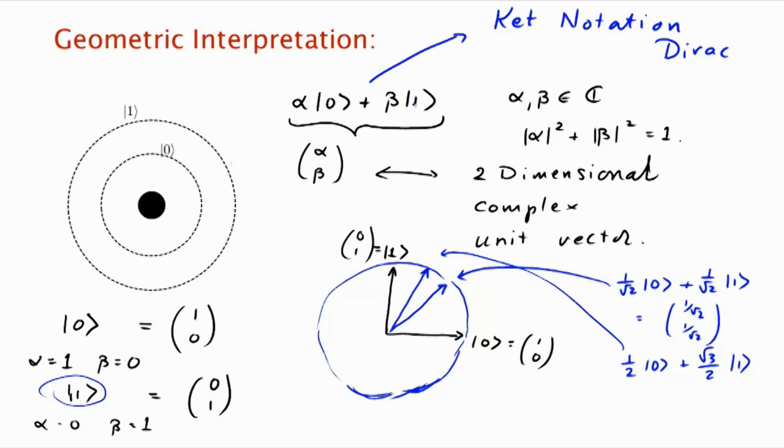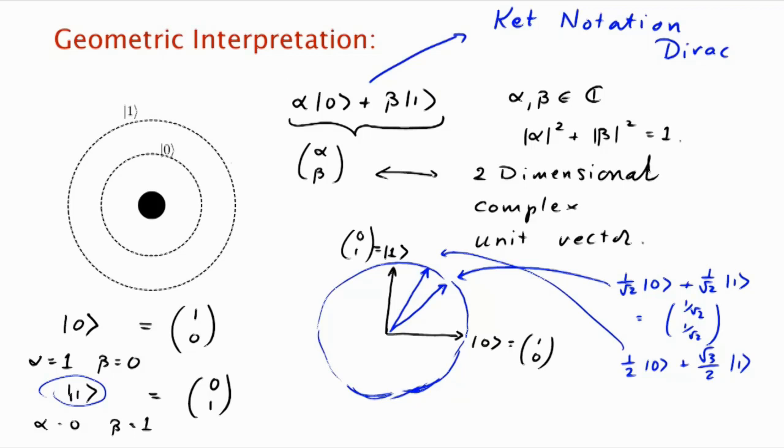But on the other hand, it also acknowledges the fact that the qubit is a more complex object. It's not just a bit 0 or 1, but a superposition of 0 and 1. So it's really a unit vector in a two-dimensional complex vector space. And so this notation has the wonderful property of expressing both these aspects simultaneously.